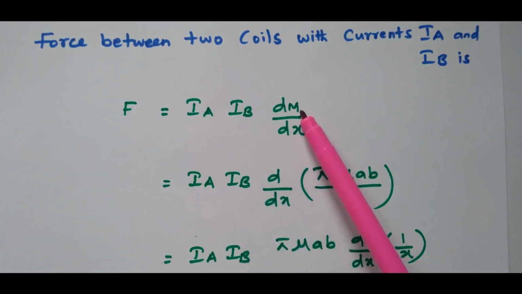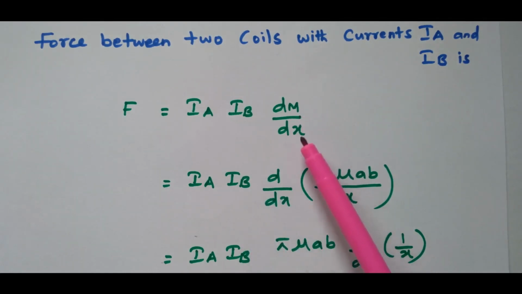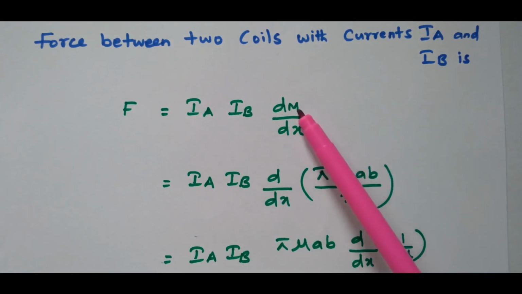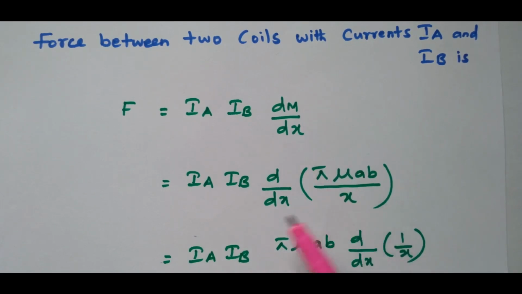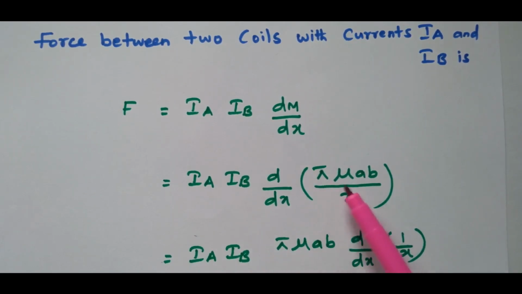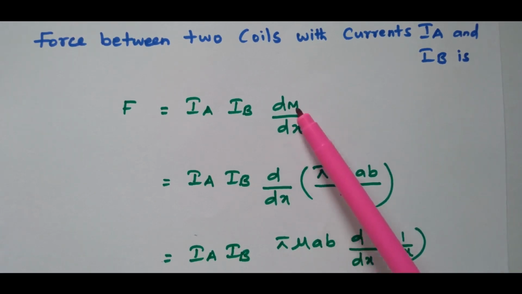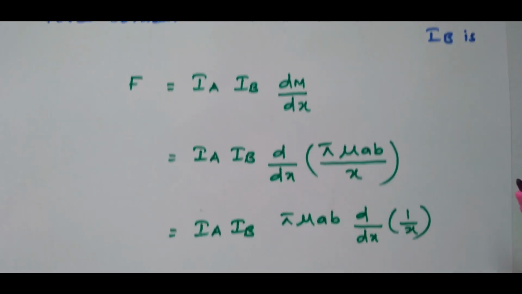We need to differentiate the mutual inductance expression with respect to x. Now we'll substitute the value of M here: IA IB d by dx of the mutual inductance we calculated as pi mu a b divided by x, right? So M is replaced by this expression.